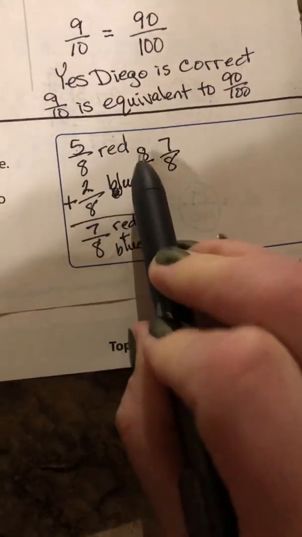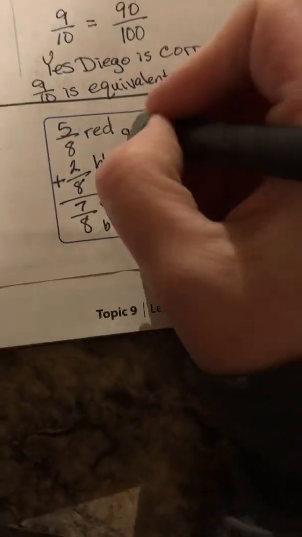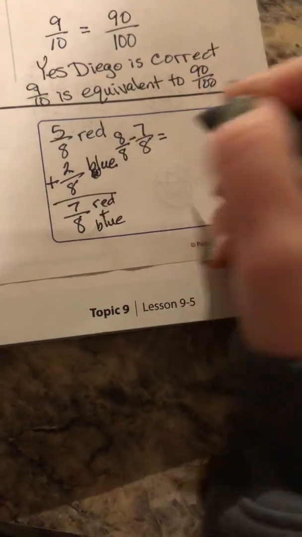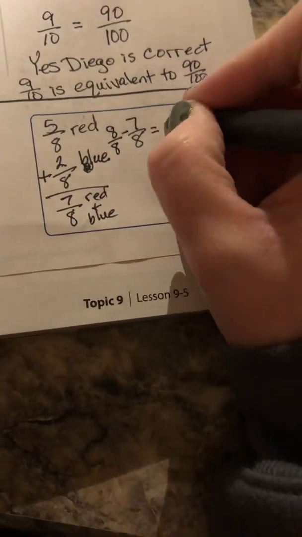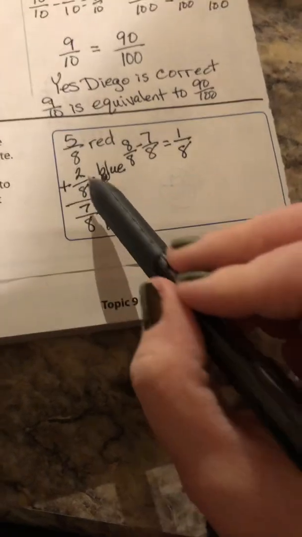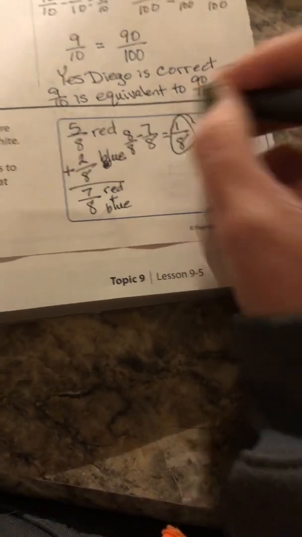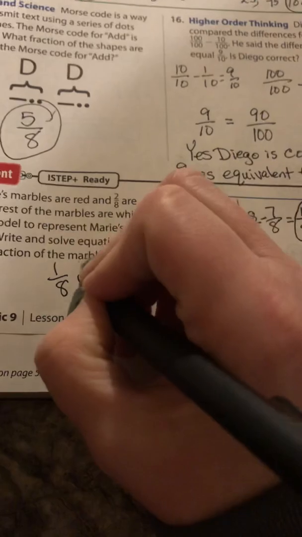Because that's the total number of marbles, which is going to equal 1 whole minus 7/8, which is the red and blue, equals 1/8. So here's our equations to find the fractions. We're not going to worry about drawing a model. So 1/8 is white. Okay? All right, you are doing the rest of them on your own.